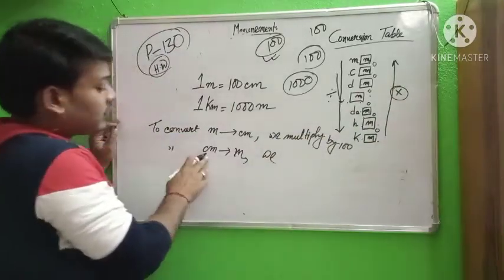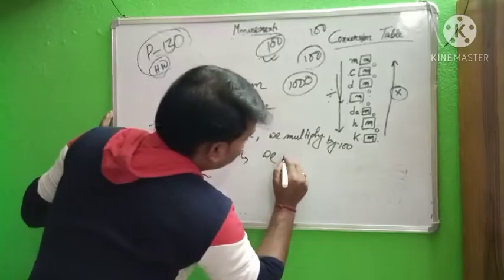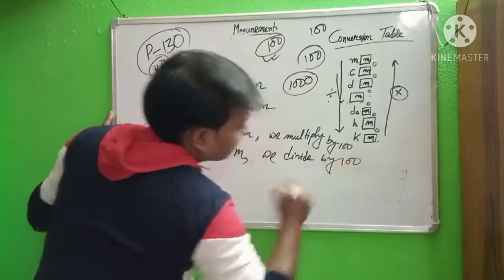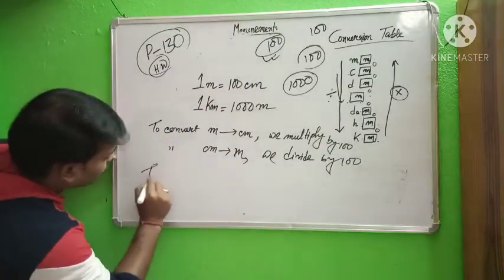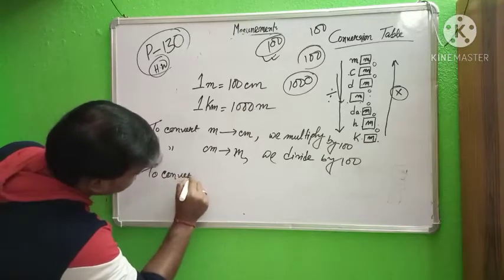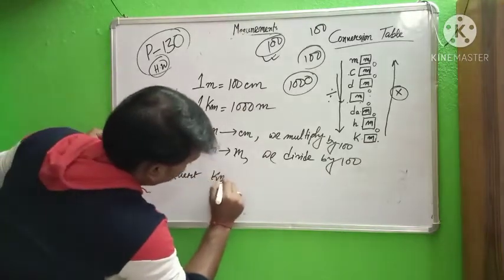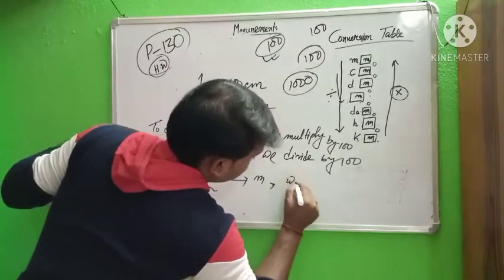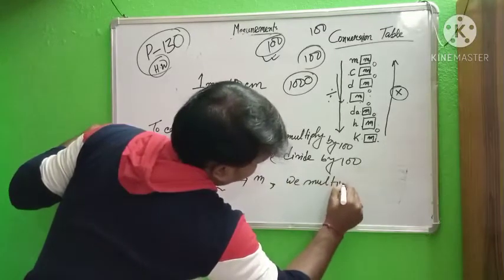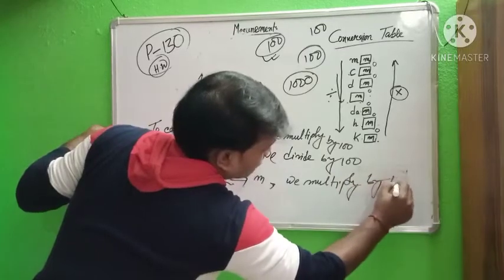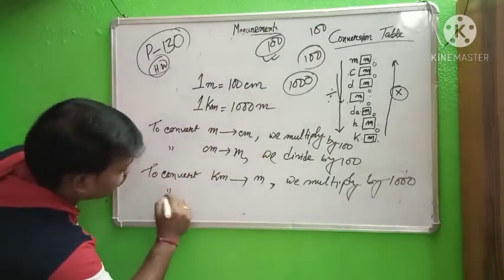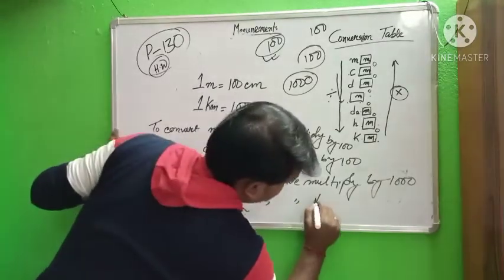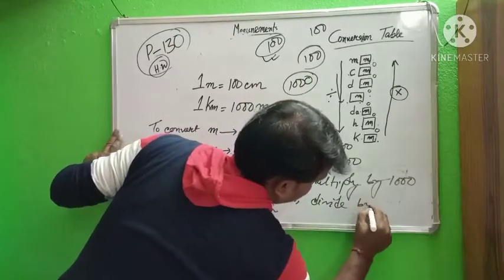So when we convert centimeter to meter, we divide the centimeter by 100. Similarly, to convert kilometer to meter, we multiply by 1000, and to convert meter to kilometer, we divide by 1000.